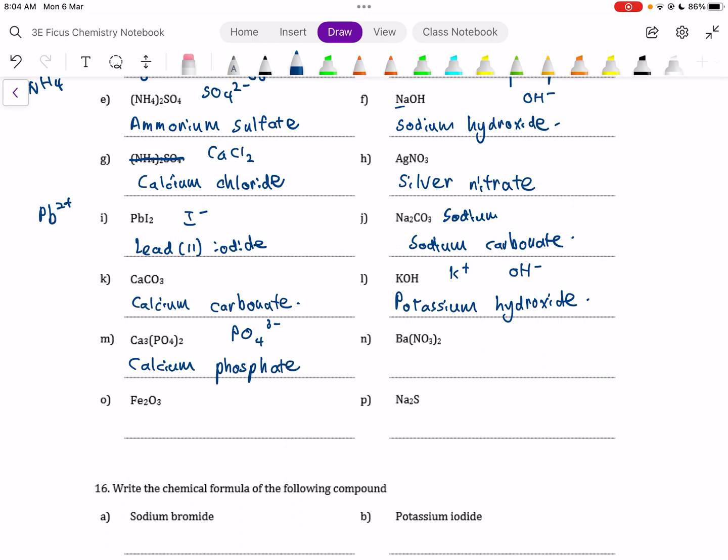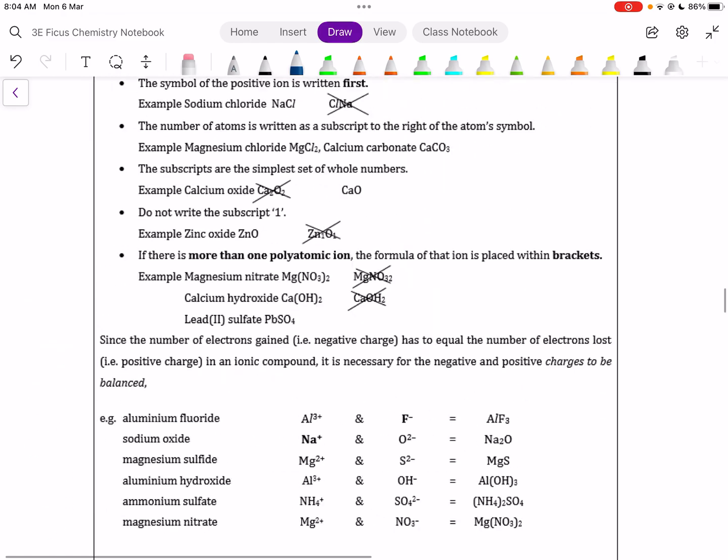Okay, and then you have barium nitrate for the next one.